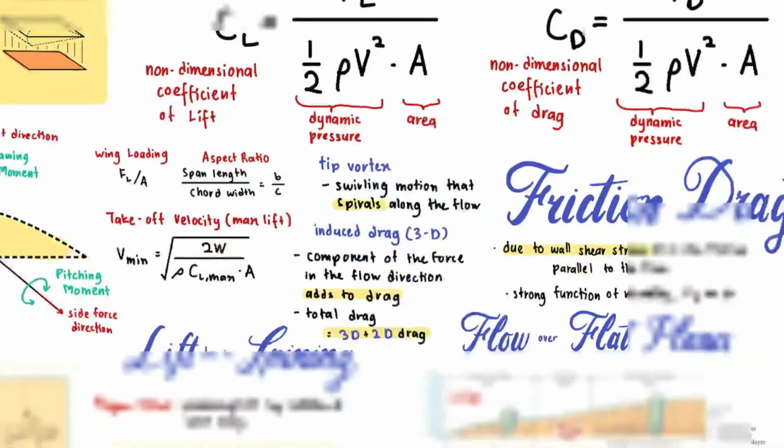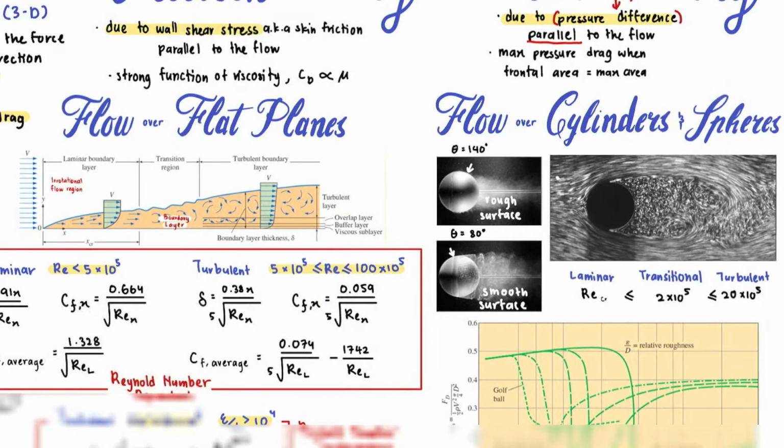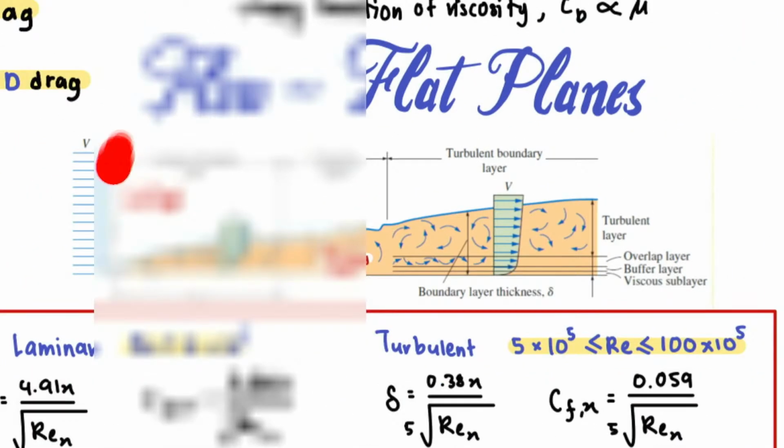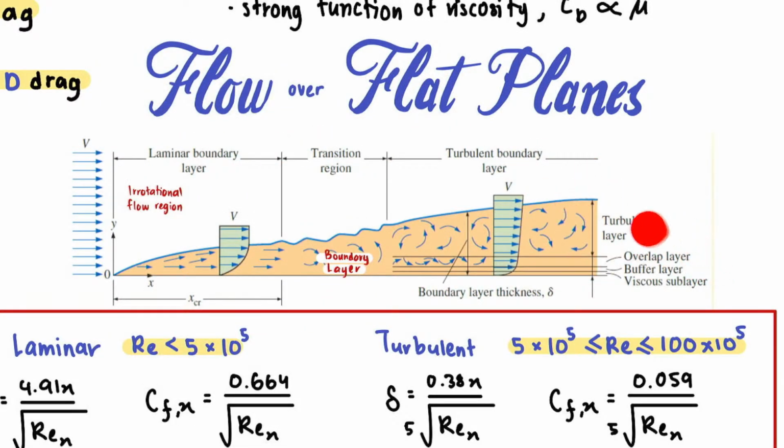Take note. Over here we have flow over flat planes. This is similar to what we learned in internal flow. We have the turbulent layers and everything, but it all starts as a laminar boundary layer. This is the irrotational flow region.